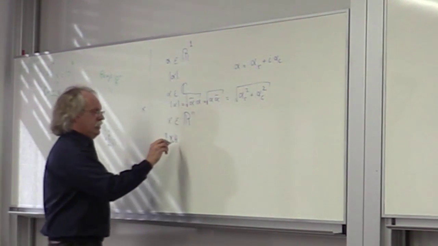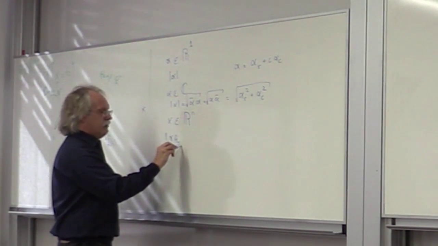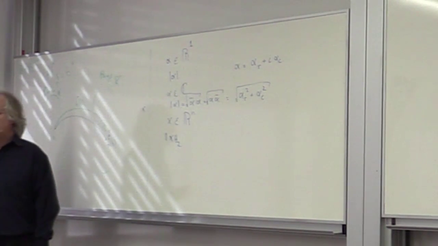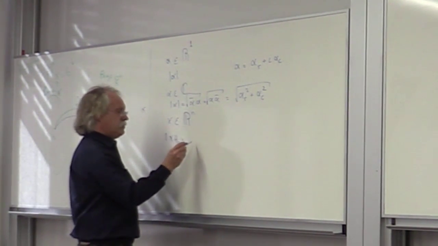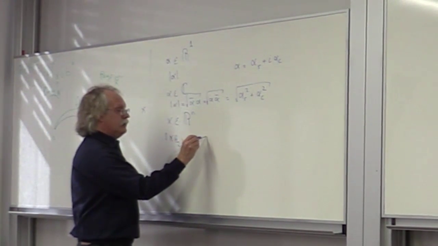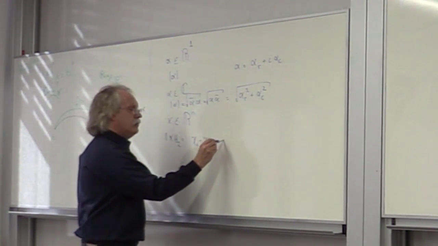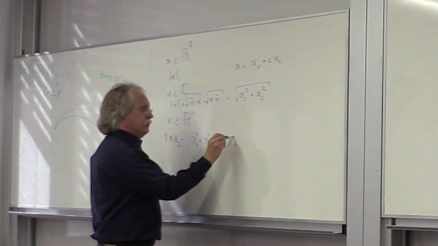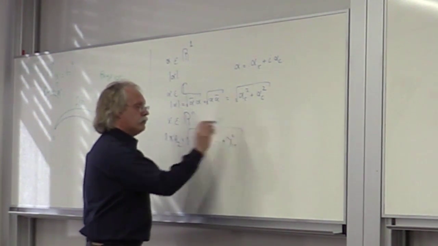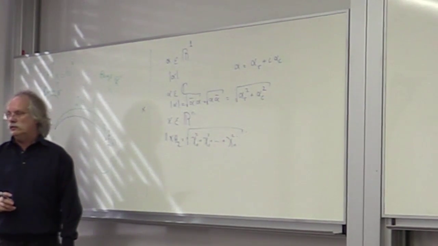It turns out that the Euclidean norm is typically denoted as the 2 norm, for reasons that will become clear in a little bit. And what is it? It's the sum of the squares, and then you take the square root of it.